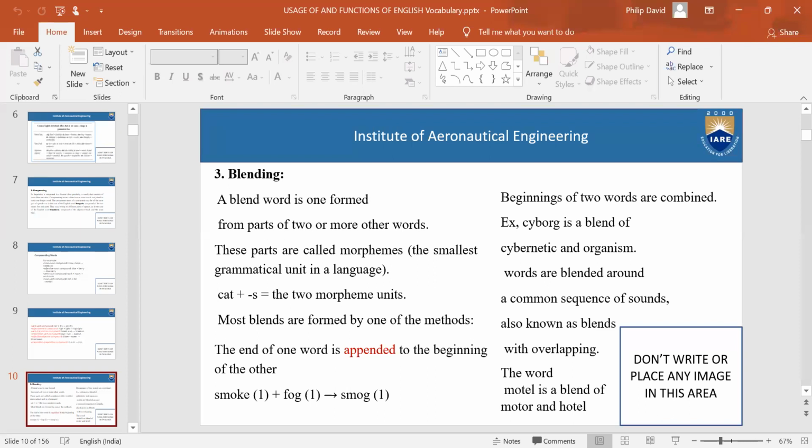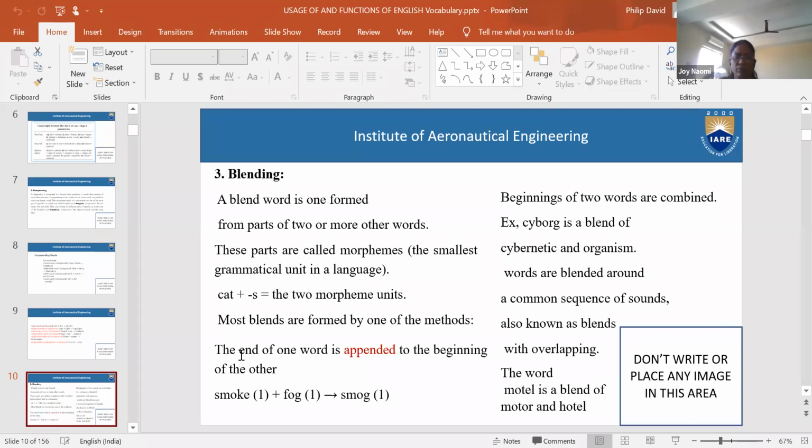Cat plus S, the two morpheme units. So blending is formed by adding one part to another part. The smallest morpheme is S, and when you add it to the singular cat, it becomes plural. So this is called blending.